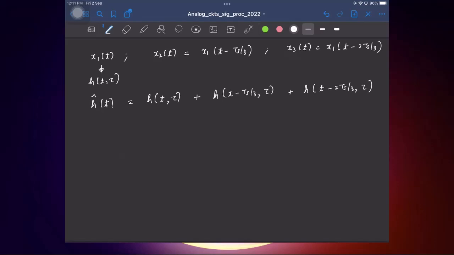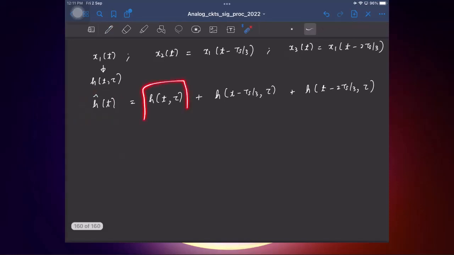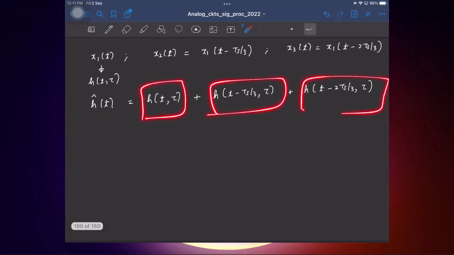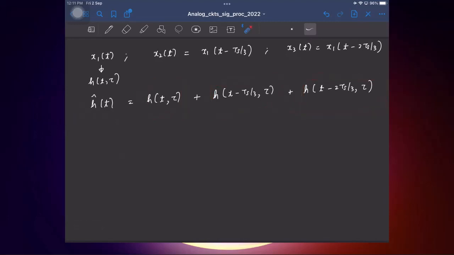Is it clear? Okay. So I have to realize this overall system as a sum of 3 other systems, and the impulse responses of the 3 systems are basically staggered in time by ts by 3. Okay, is it clear?